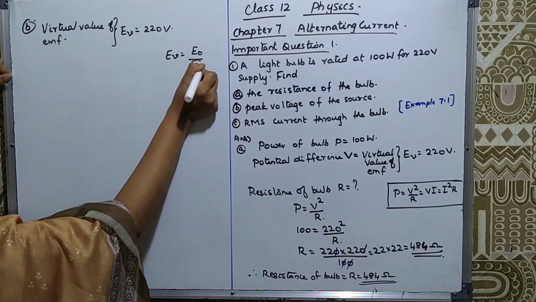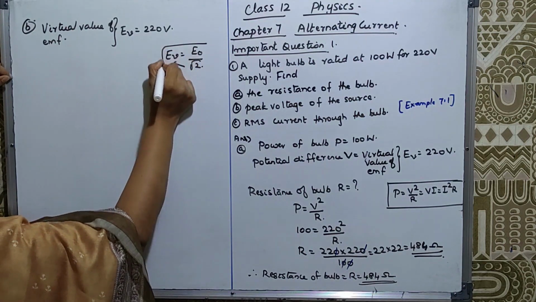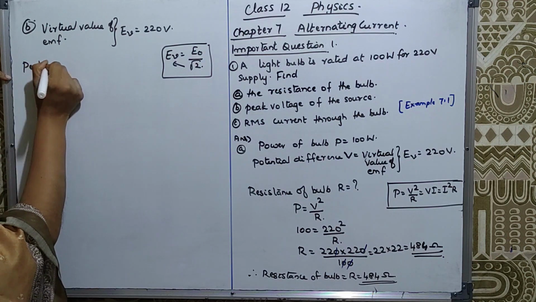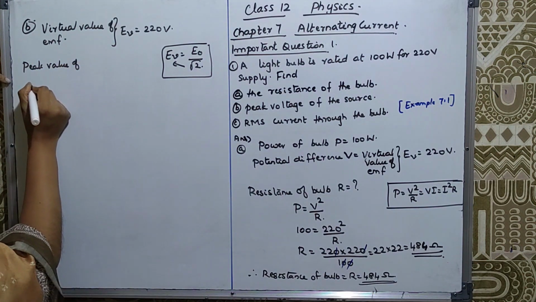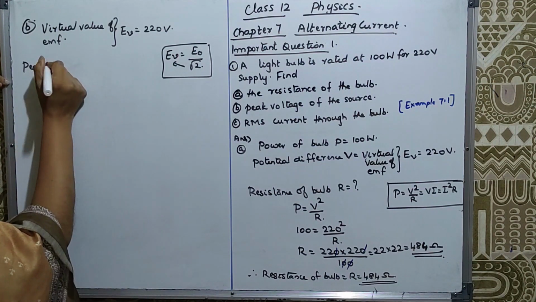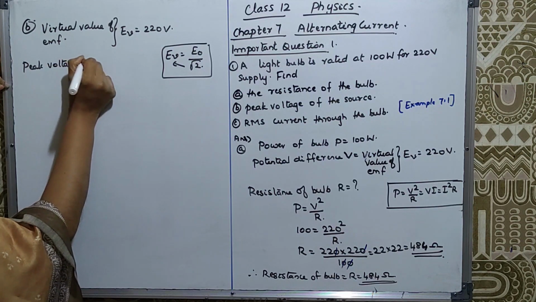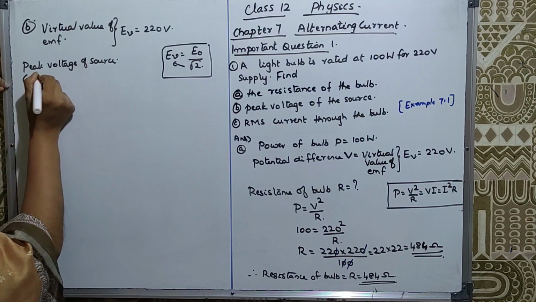That is the formula. So peak value will be E0 equal to root 2 into E V. You want to find out the peak value of EMF, the peak voltage of the source. I'll write peak voltage of source, or in bracket, peak value of EMF.